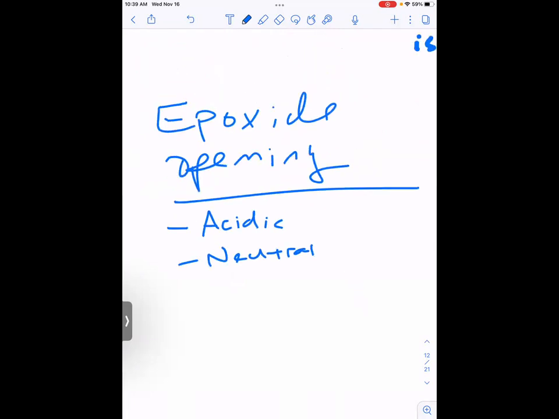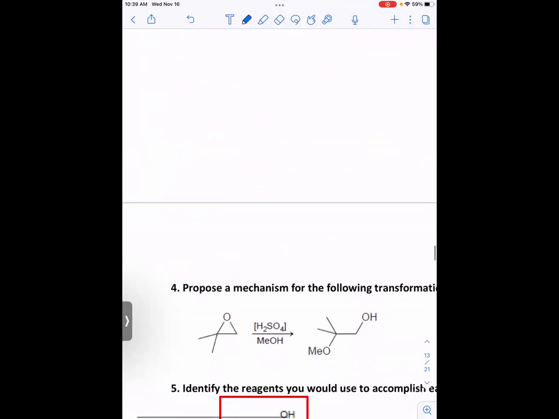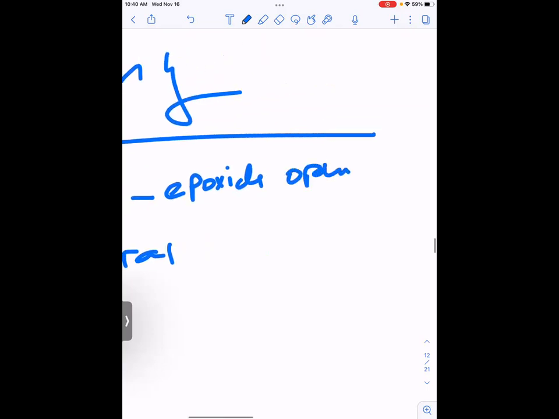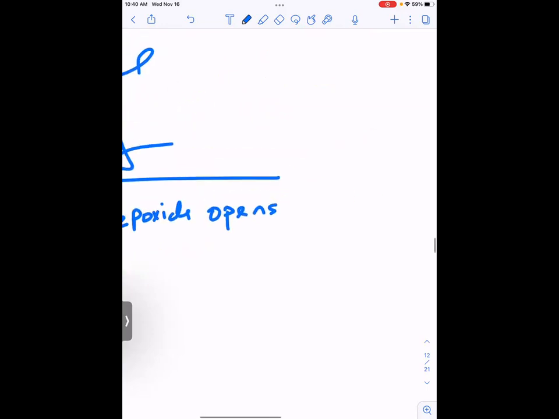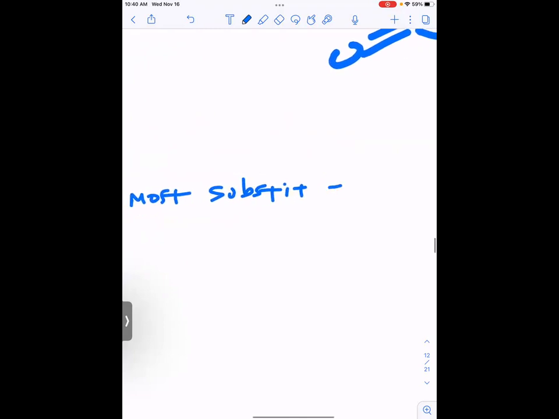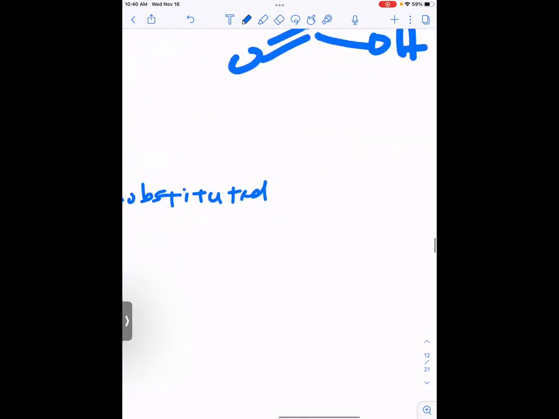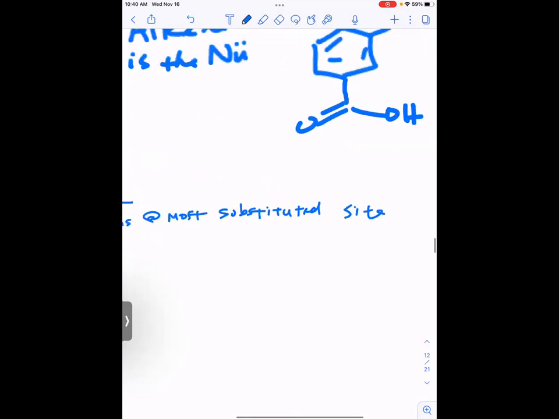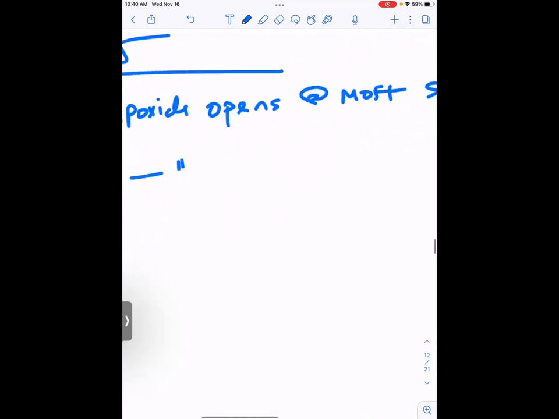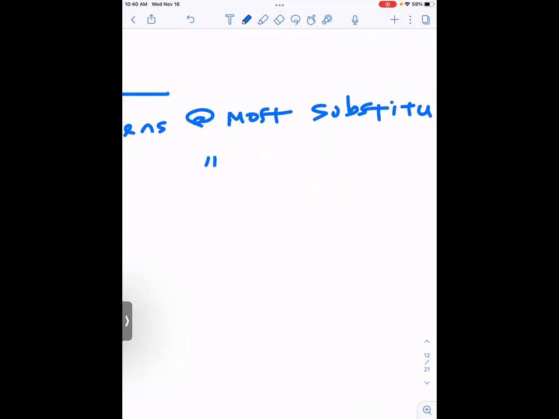If you do it under acidic conditions, the epoxide is going to open at the most substituted site. If you do it under neutral conditions, it's going to open at the least substituted site.